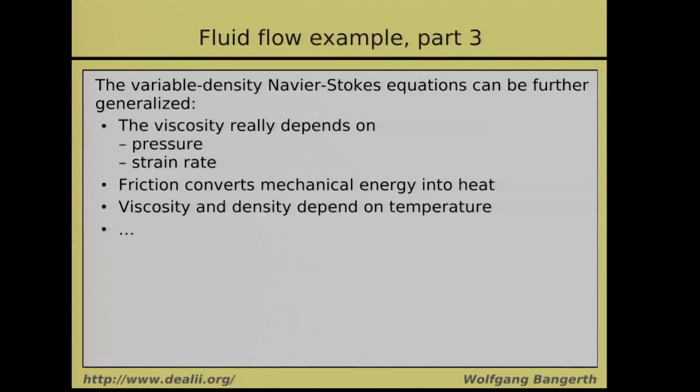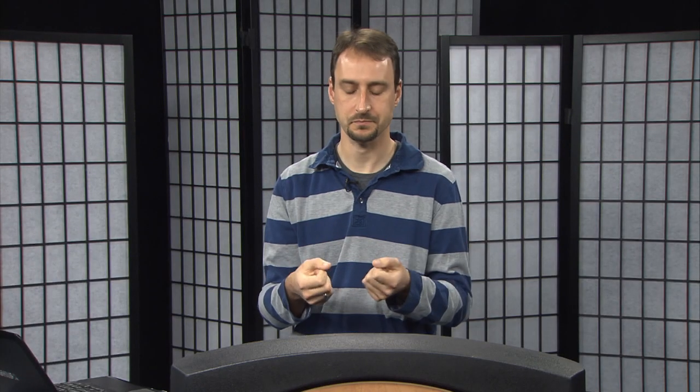If you shear the fluid, so if there is a gradient in the velocity field, then the viscosity goes down. So in that case, the viscosity depends on the strain rate. There are other fluids for which the viscosity goes up if you impose a strain rate, and blood would be an example. Blood consists of red blood cells in the fluid, and if you strain it, then the red blood cells clump up and they increase the viscosity of the fluid.